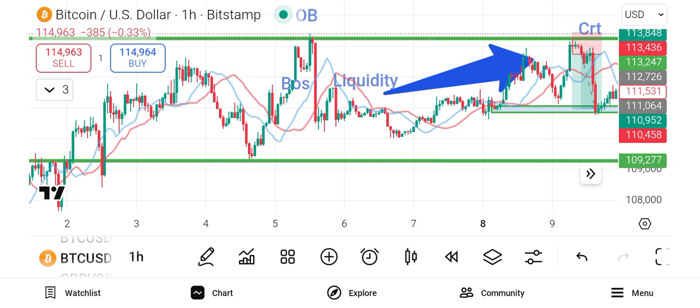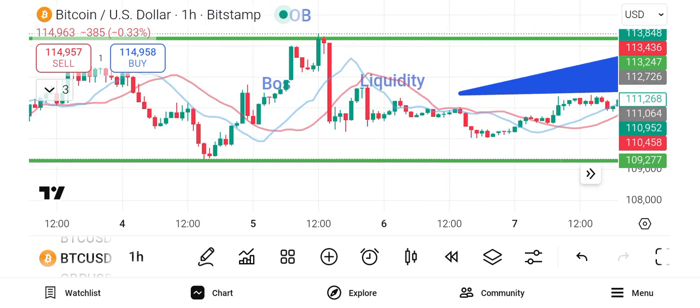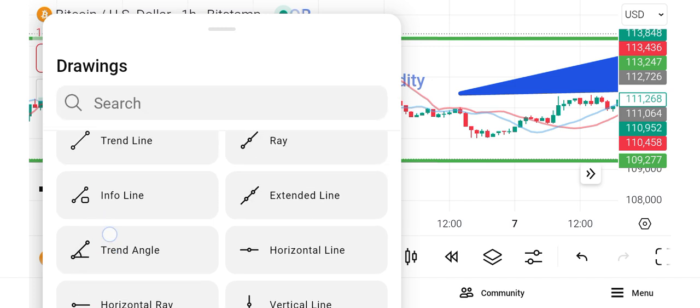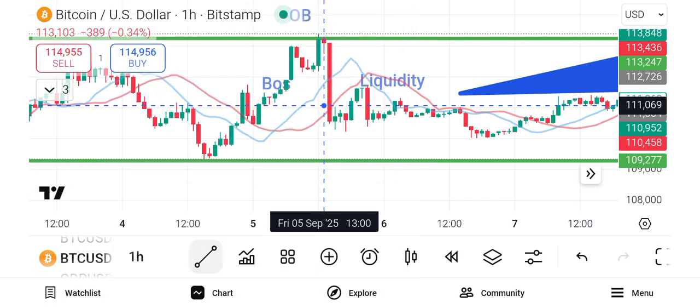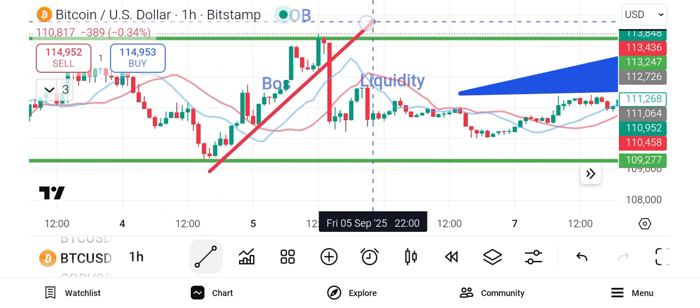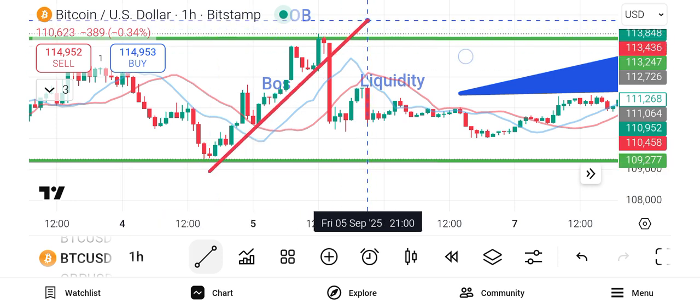This is BOS. This market has been trending up and quickly made a break of structure to the downside. As you can see, this is a break of structure.